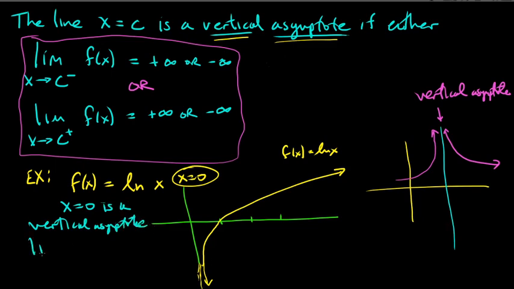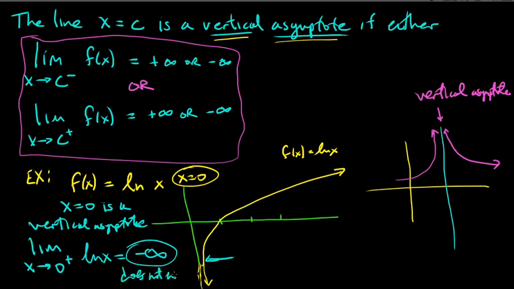And now we can see why. If we take the limit as x approaches 0, but only from the right side, right? There's nothing on the left here. So we have to approach 0 from the right. And this is the natural log function. Well, we're not going up, right? We're going down to negative infinity. Right? So this limit is negative infinity here. Right? Which means the limit does not exist, but specifically because it just gets more and more negative the further down you go.